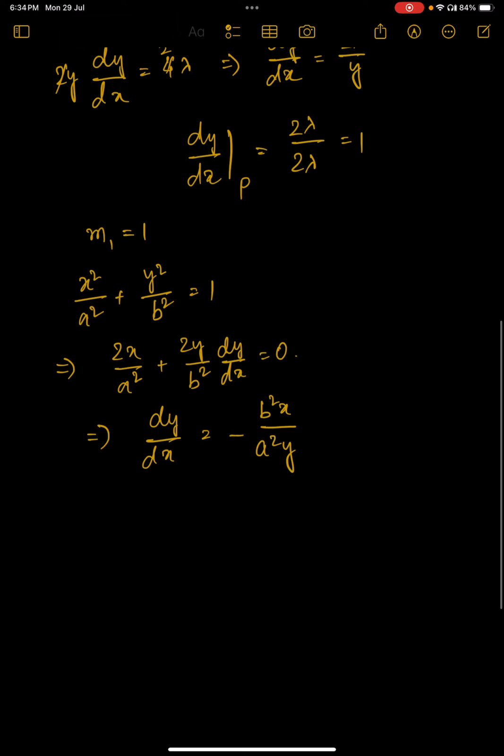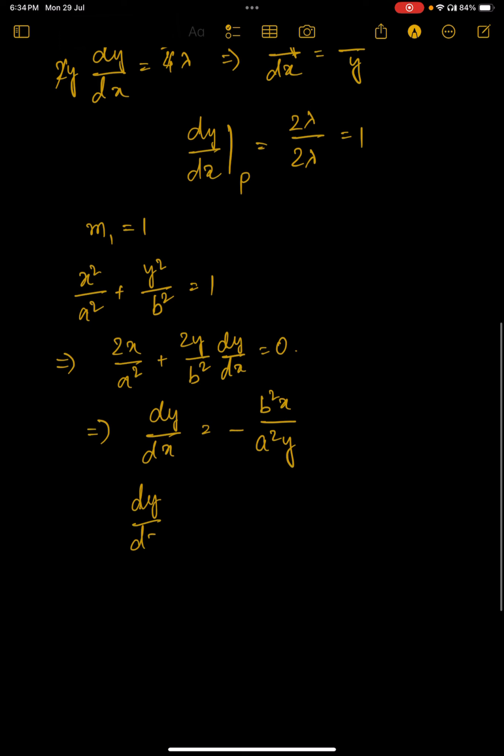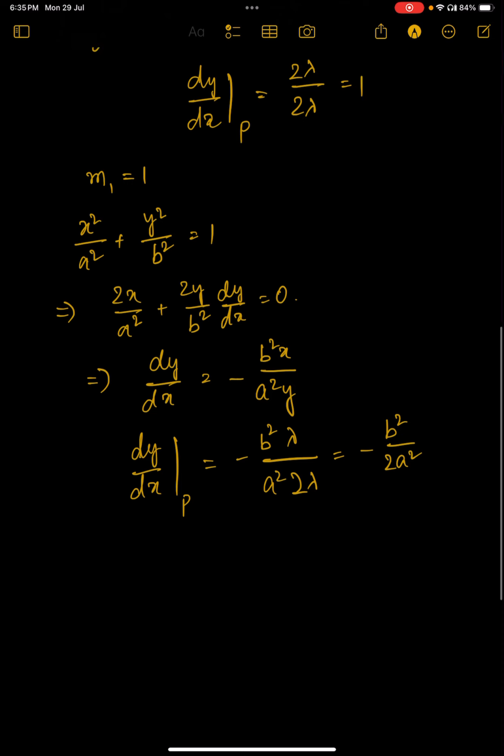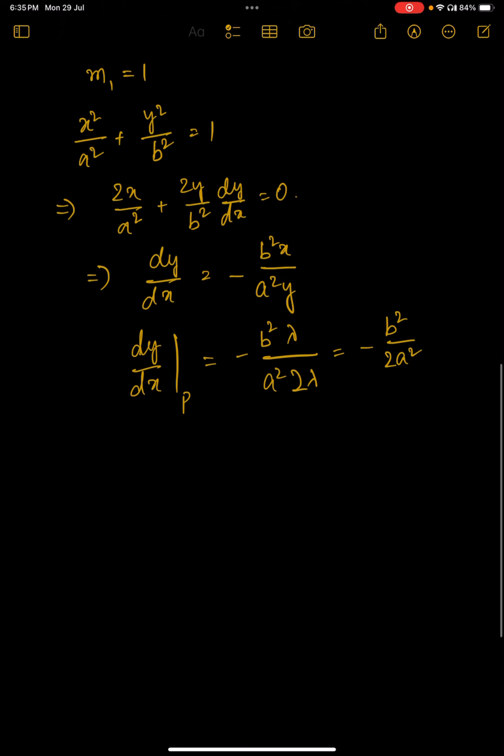Correct? Now again this dy/dx I have to find at the point P. So substituting the value, I will have minus b squared lambda by a squared into 2 lambda, and this gives me minus b squared by 2a squared, negative sign obviously. So this I'm going to say as m2. My m2 is equal to minus b squared by 2a squared.